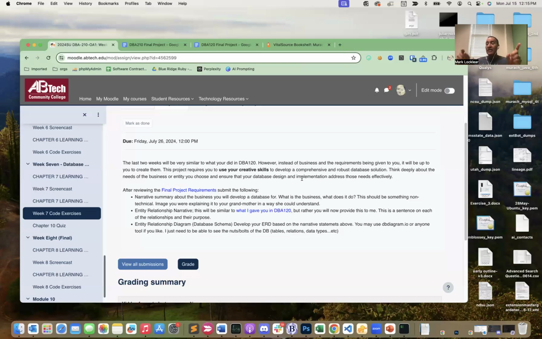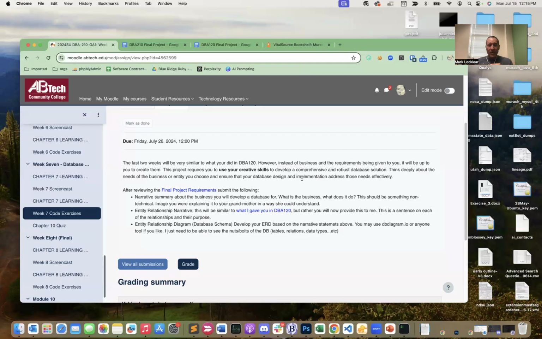Now in week 8, for the final complete project, when you submit that, you should have a fully fleshed out entity relationship diagram. Each table should have a complete set of fields and the data types associated with them.